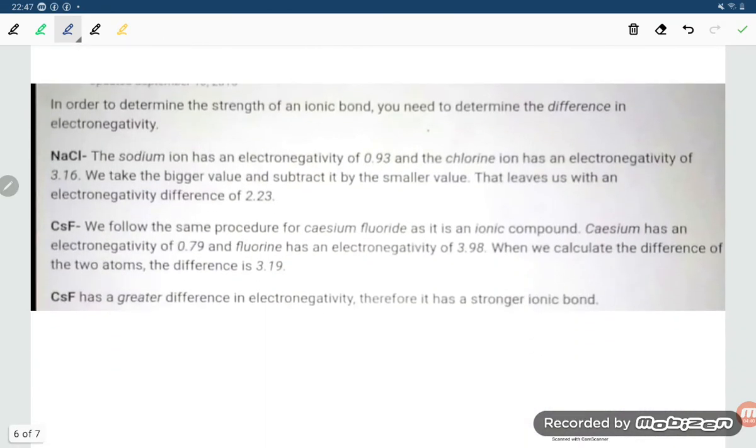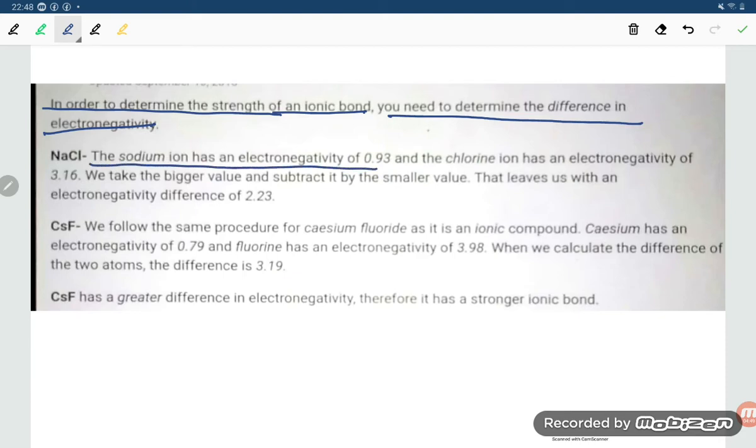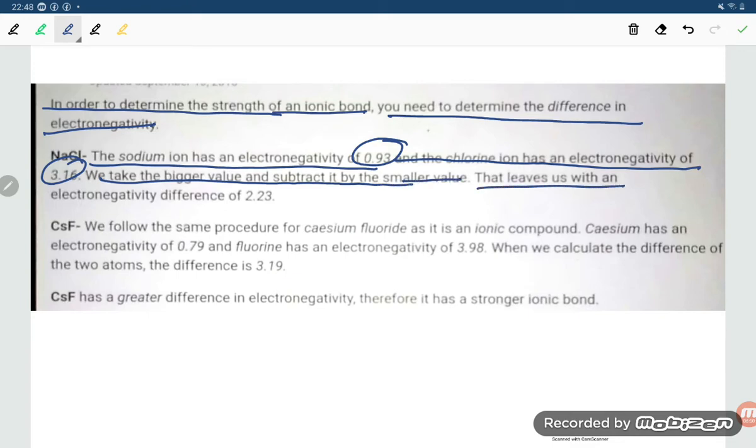You can read out here. In order to determine strength of ionic bond, you need to determine the difference in electronegativity. Sodium has electronegativity 0.93 and chlorine has 3.16. We take the bigger value and subtract the smaller value, which leaves us with an electronegativity difference of 2.23. For cesium fluoride, we follow the same procedure.